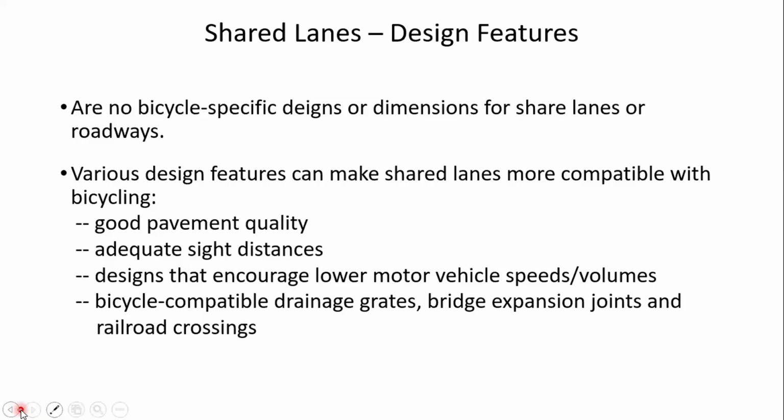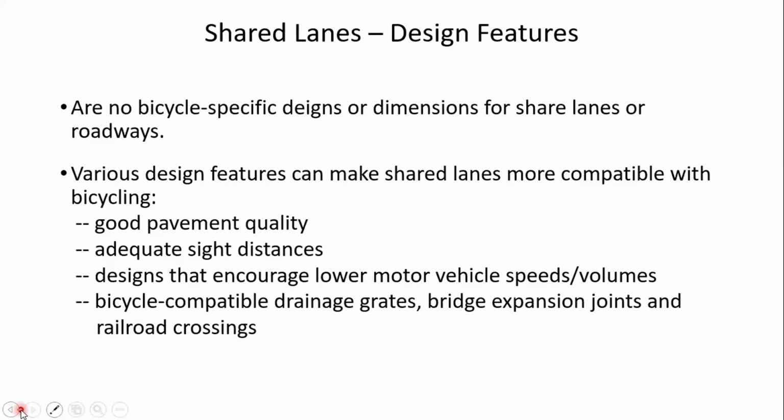In terms of design features, there are no really bicycle-specific designs or dimensions for shared lanes or roadways. But various features that can make shared lanes more compatible with bicycling include, as we've talked about, good pavement quality. That's important. Adequate sight distances, both over hill crests, for example, but also at intersections and driveways.